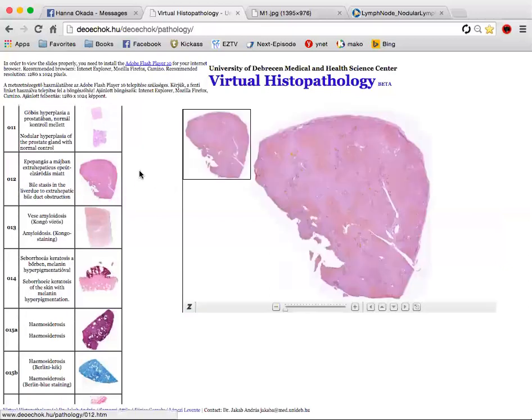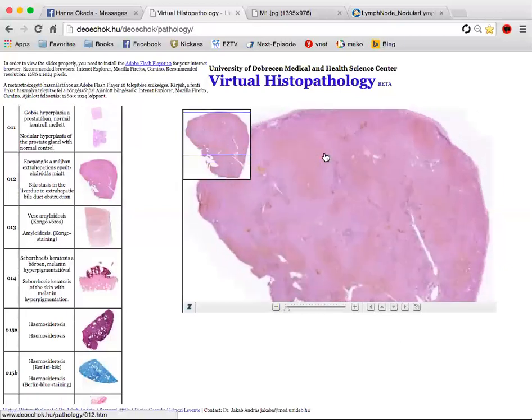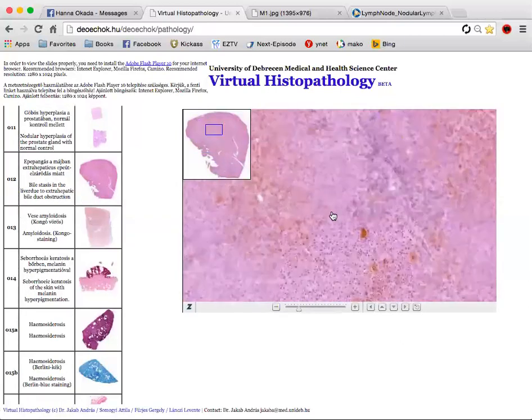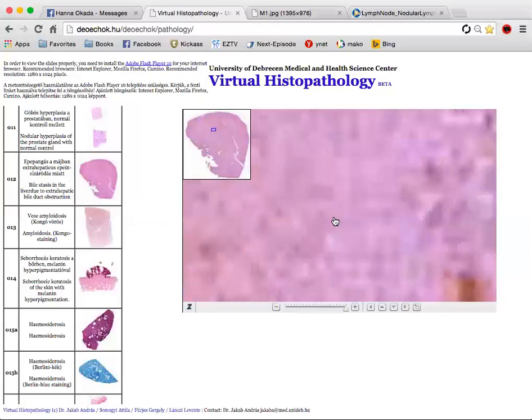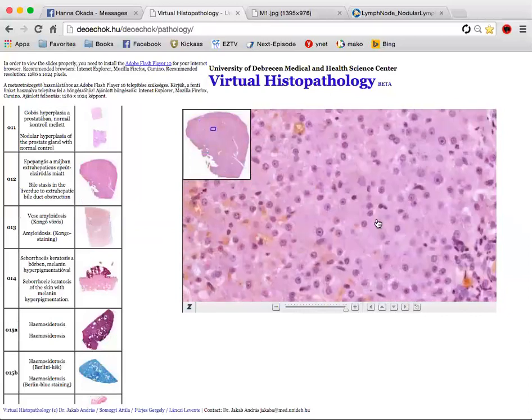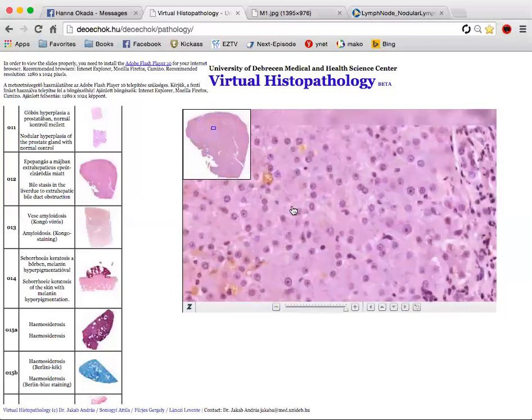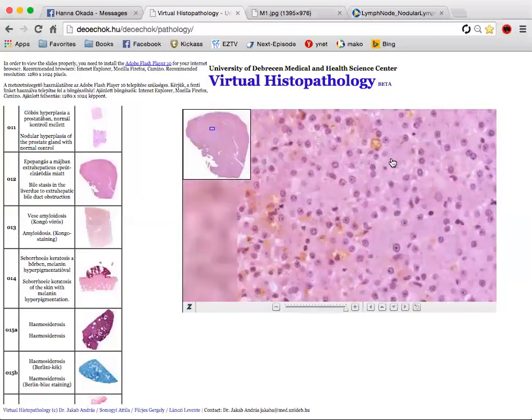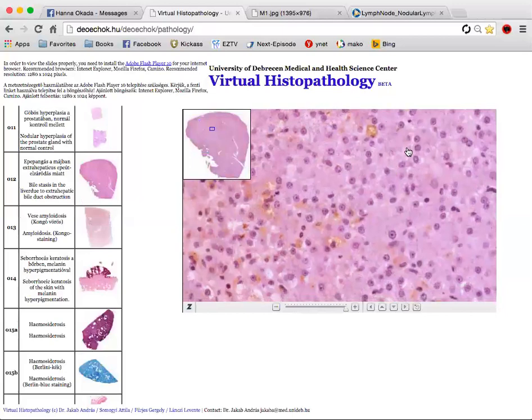Next up, this is bile stasis in the liver. This happens because there is an extrahepatic bile duct obstruction, so there's a lot of backup of bile into the liver. When I zoom in here, you can see that this is liver, and these are hepatocytes.